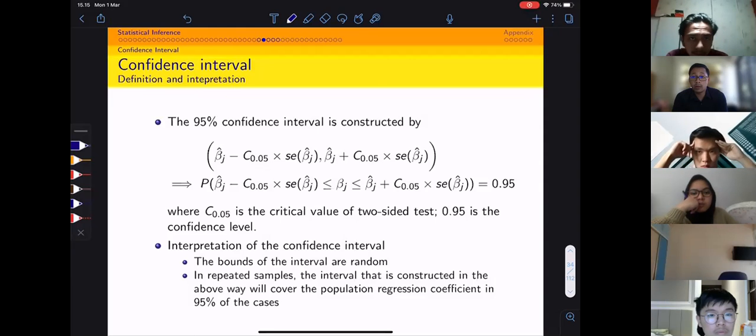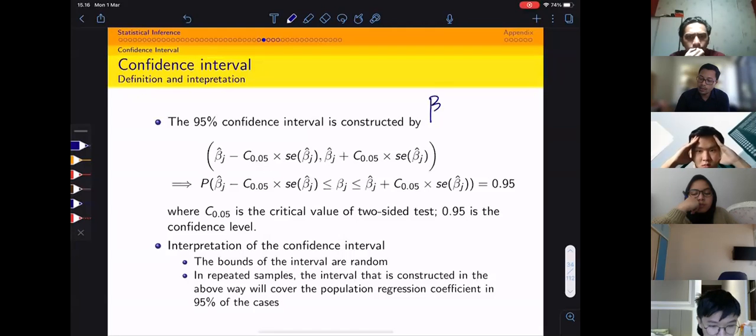It could be 1%, 5%, or 10%. Suppose we choose alpha equal to 5%. Then we have 100 minus alpha, so 100 minus 5 is a 95% confidence interval. The 95% confidence interval is constructed by the estimate beta j plus or minus the margin of error.